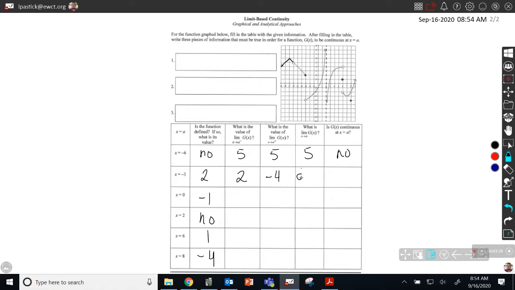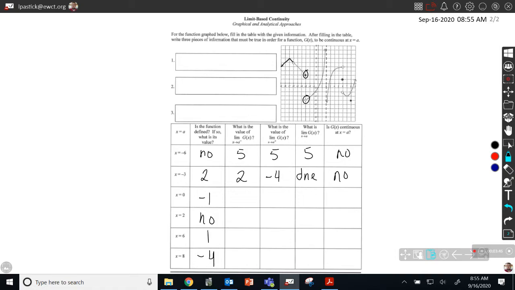Well, there is none, so I'm going to write DNE. And the last one, is it continuous at -3? Pretty clearly no, and the type of discontinuity is a jump discontinuity. When one part of the graph ends there and another part of the graph begins in a totally different location, that's called a jump discontinuity. So again, no continuity here.